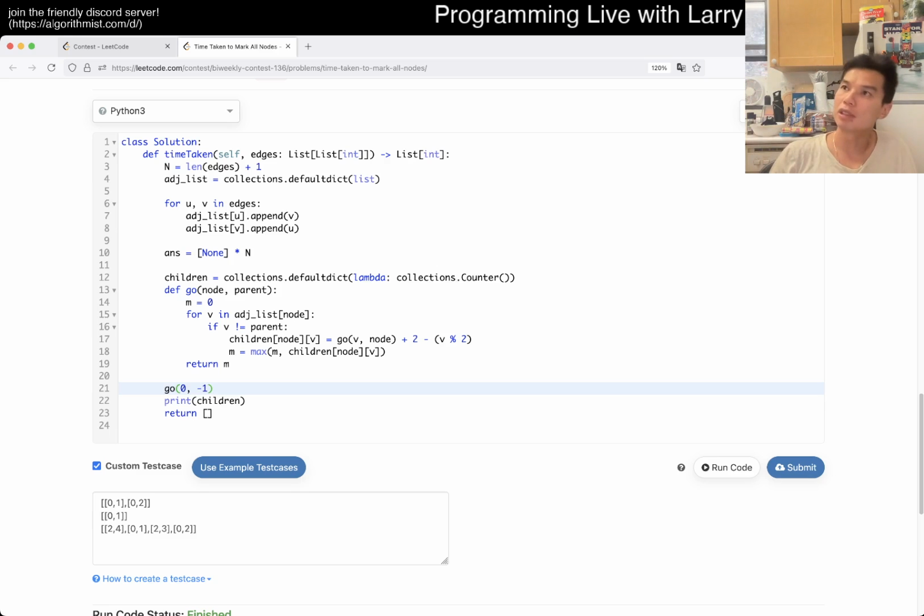Is it asymmetric? Is it symmetric though? Because now if you go in the other direction, it's not the same, right? That's fine, yeah.